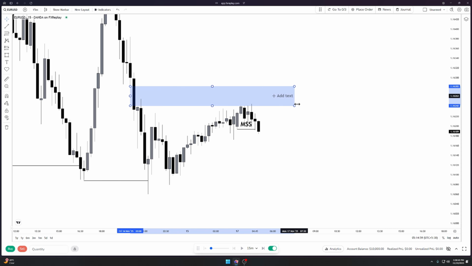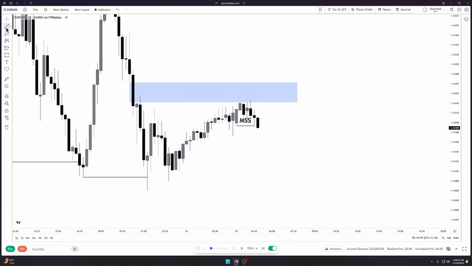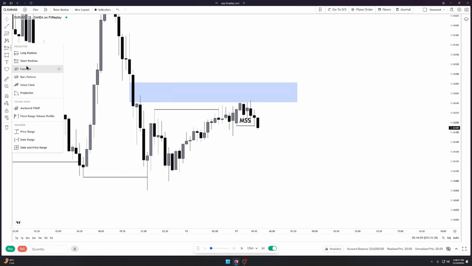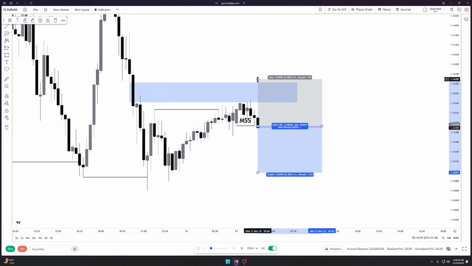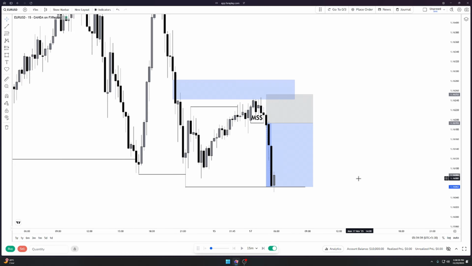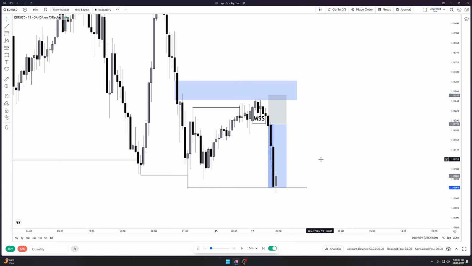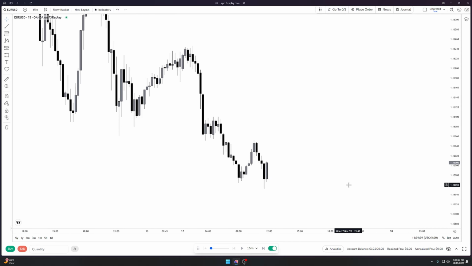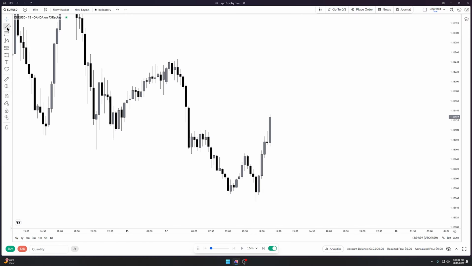Additionally, the market has respected a fair value gap, and we also have a buy-side liquidity sweep. So let's enter short, place our stop above the high, and target the sell-side liquidity. We got a quick target. Next, we have a sell-side liquidity sweep and a bullish market structure shift.